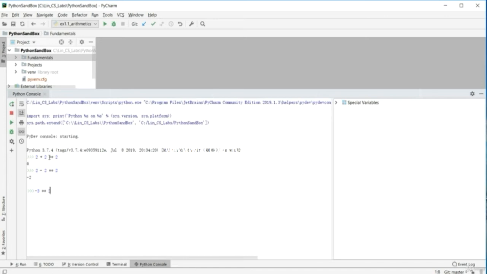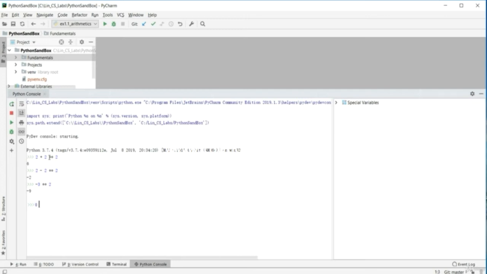What is this result? Because the power has the highest priority again, it would do the power first, which is 9, and then negate the number. The result shall be minus 9.